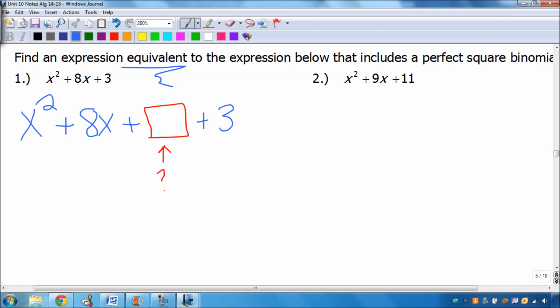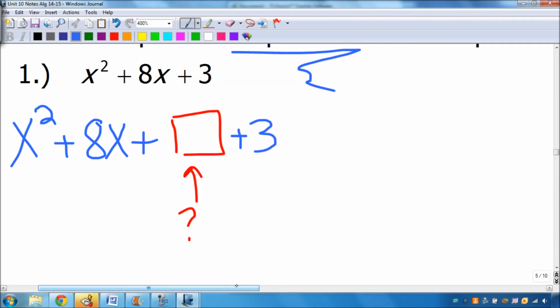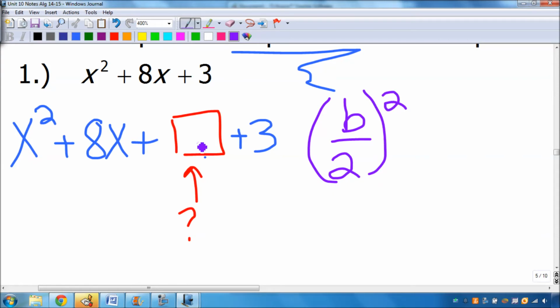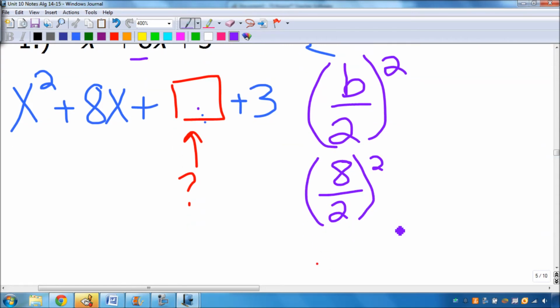So how do I do this? All I have to do is figure out what is missing right here, and we've already discussed how to do this. All you have to do is take your B value, divide it by 2, and then square it. That's the missing piece right here. So when I take 8, which is my B value, divide it by 2, and square it, I end up getting 4 squared, which is 16.